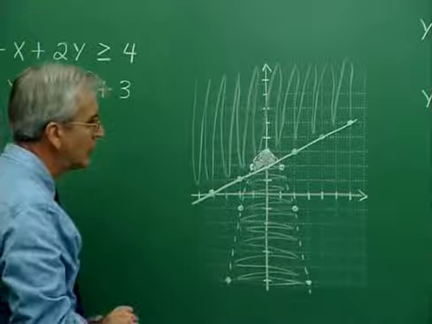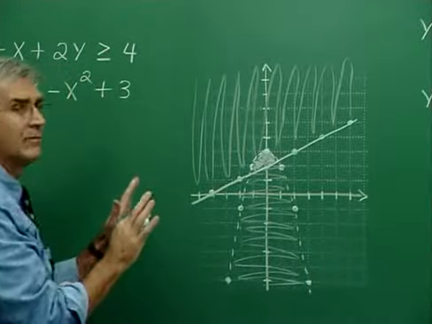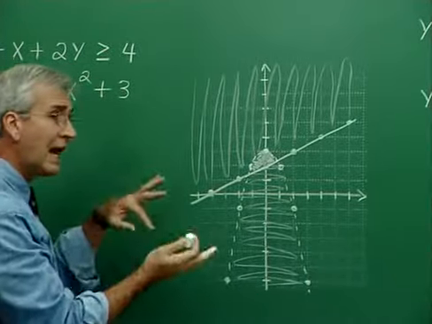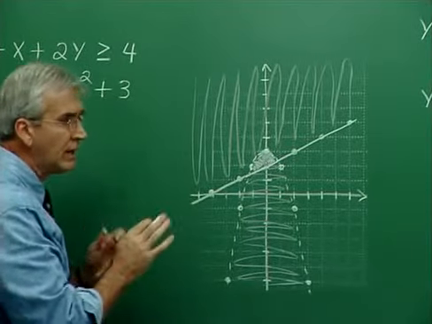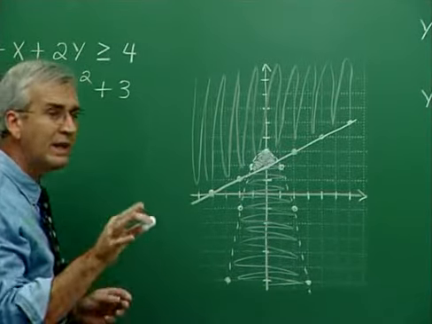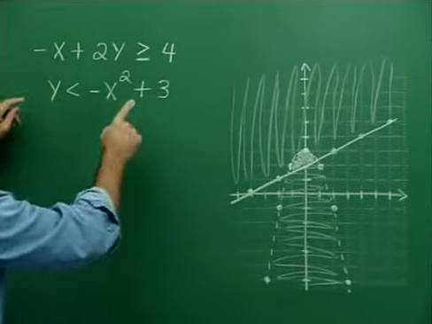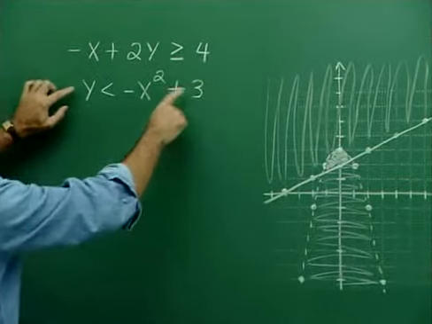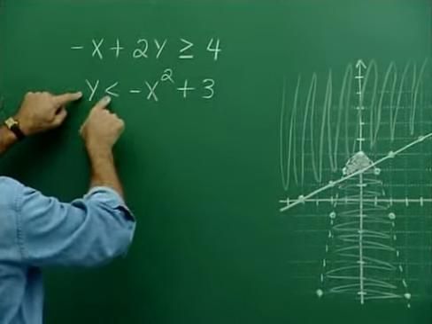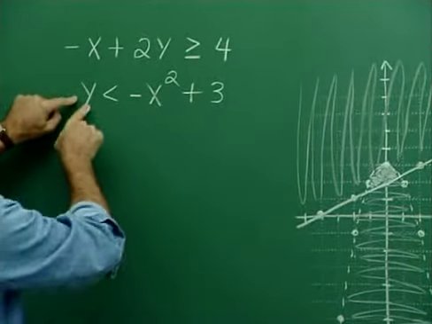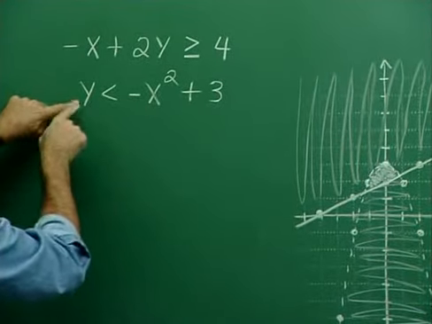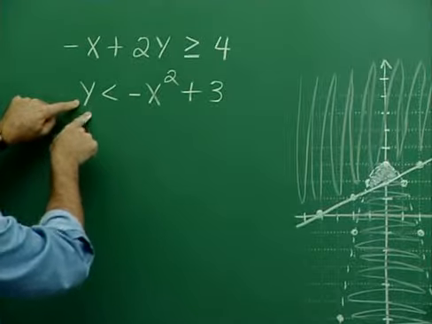By the way, sometimes to find the side of the figure that is going to be the solution region, you can reason like this. Come back over here and look at this inequality. We have y is less than this expression. Okay, this means vertical distances. Y stands for or implies vertical distances.